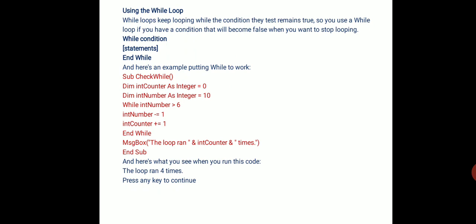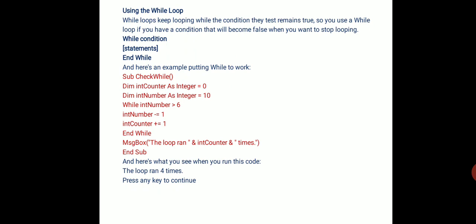Now it checks while number greater than 0: number minus equal to 1, counter plus equal to 1, end while. Number minus equal to 1 means number equals number minus 1.